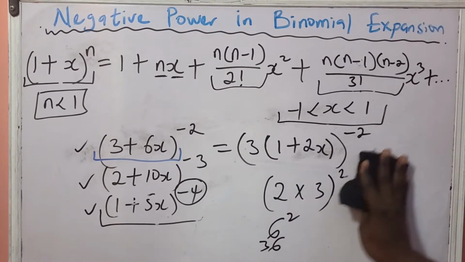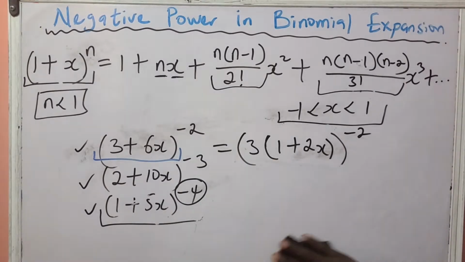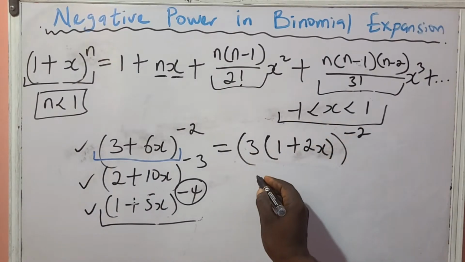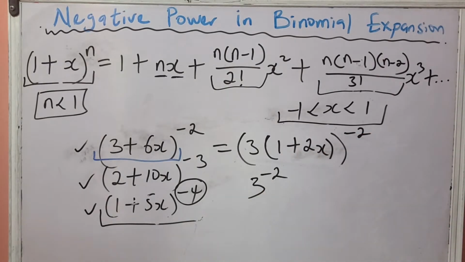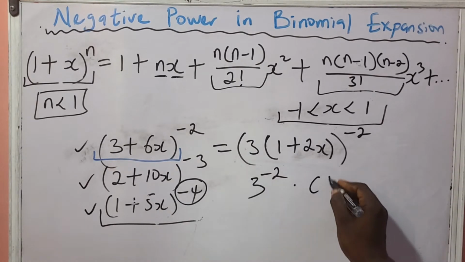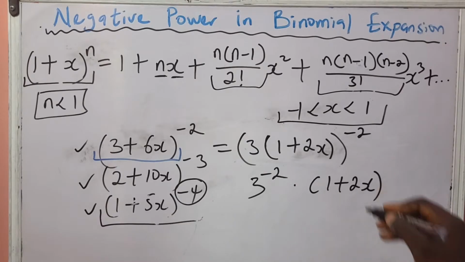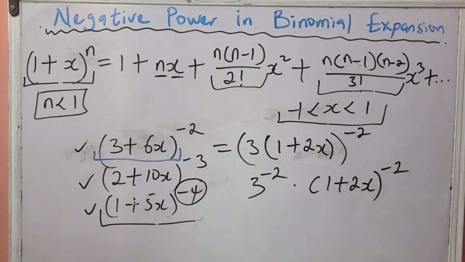So we can do the same for this expression. All of what we have here will be the same thing as 3 raised to the power of -2, multiplied by, let me use a dot to represent multiplication, 1 plus 2x raised to the power of -2. All right? So this is what I wanted to explain that made me use the previous analogy. Good.